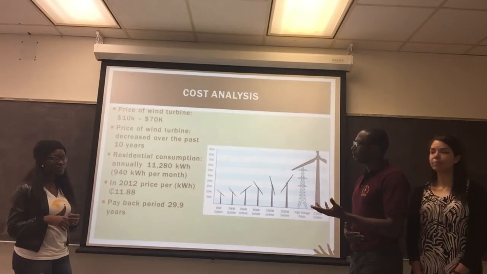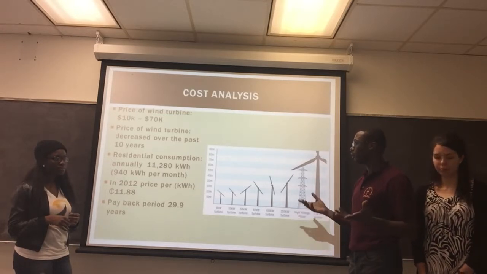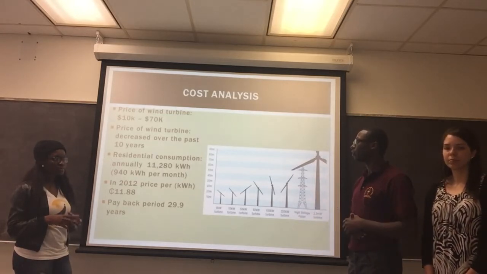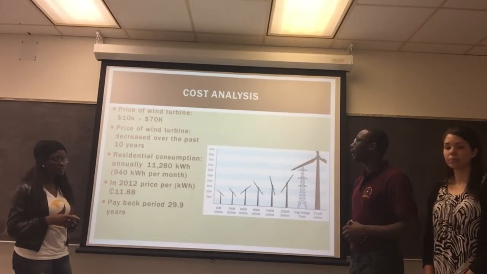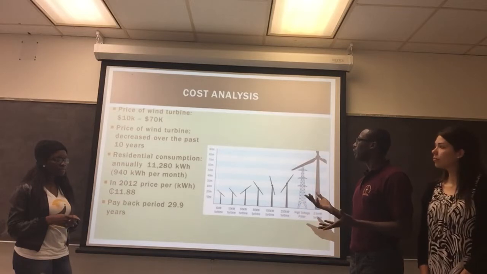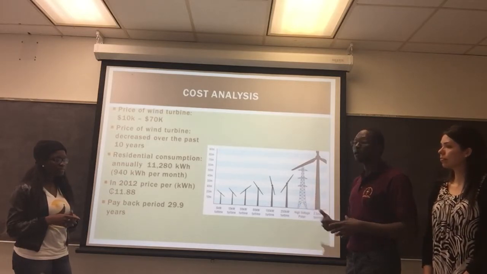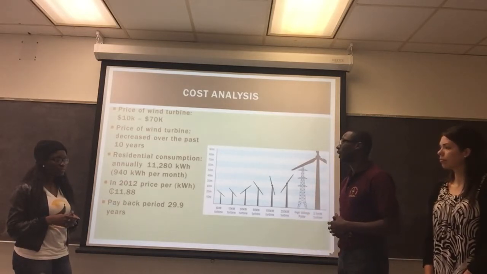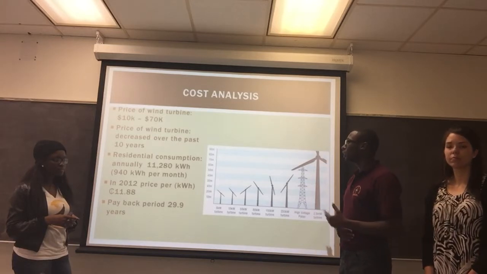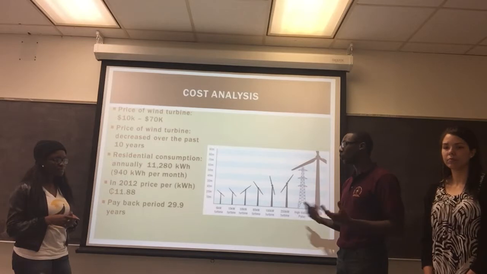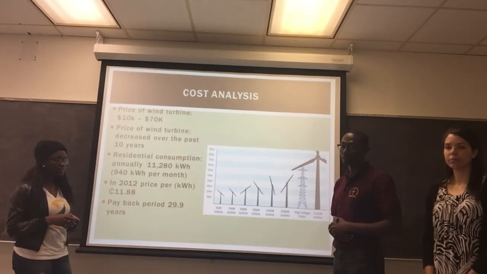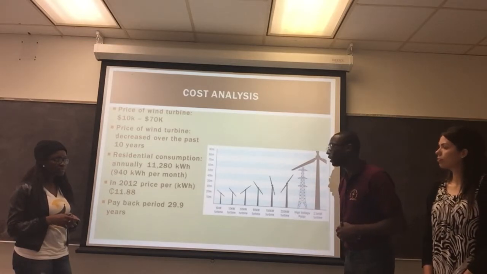Also, if we notice over the past years, the average annual household consumption ranged around 11,280 kilowatt hours or about 940 kilowatt hours per month. And with that being said, the price of kilowatt hour in 2012 was around 11.88 cents.